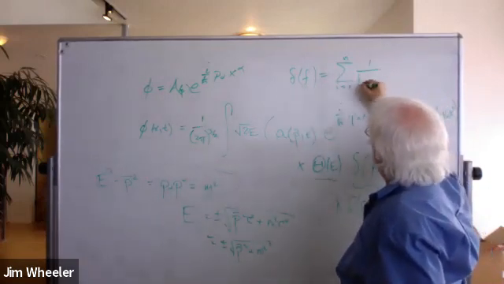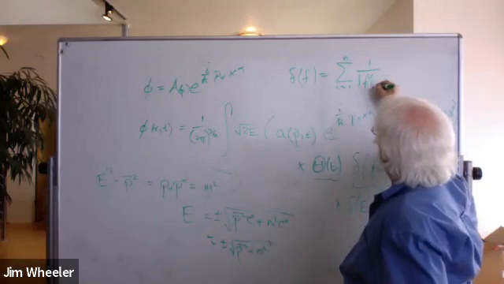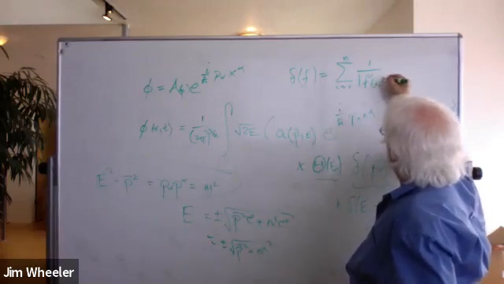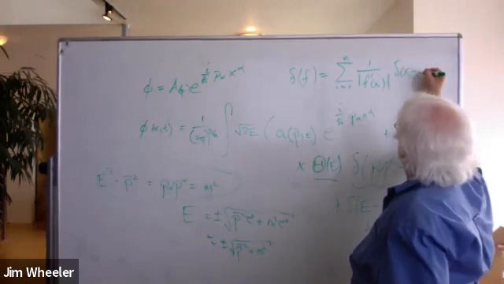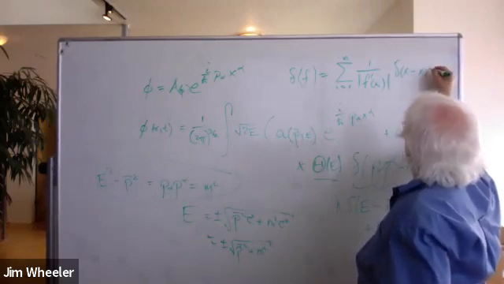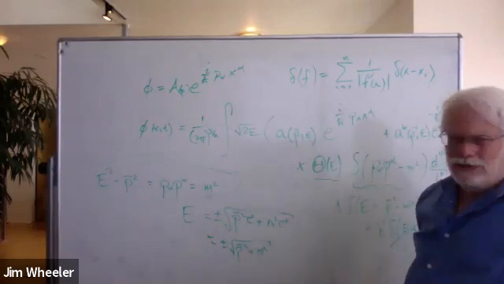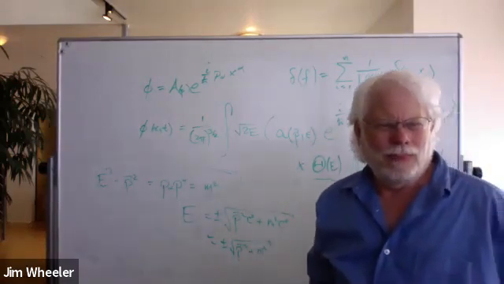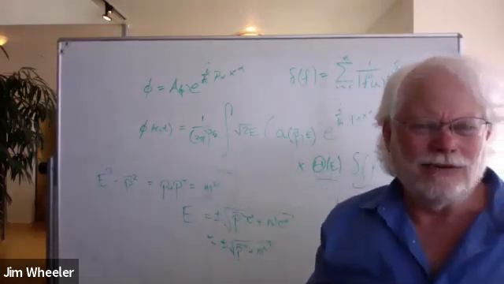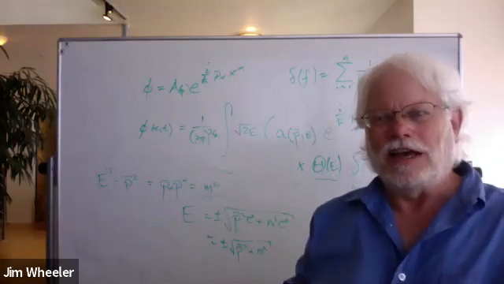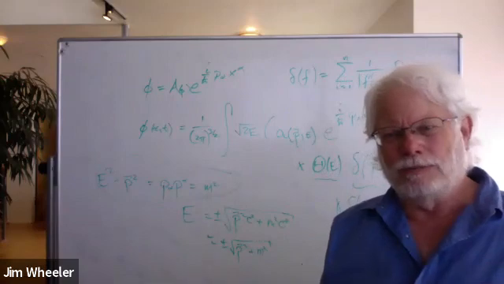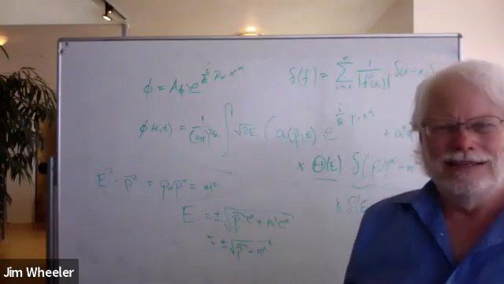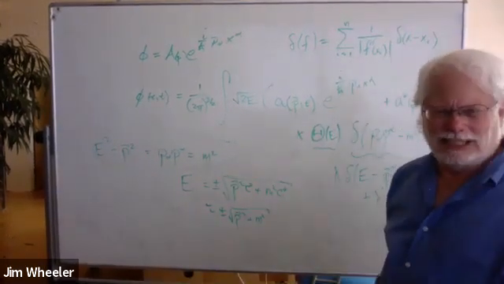You have to normalize by the absolute value of f prime at the i-th root, times delta of x minus x_i. So exercise, oh, it's in here. Prove that. If you have any questions on how to prove that, ask. But that's the next exercise.